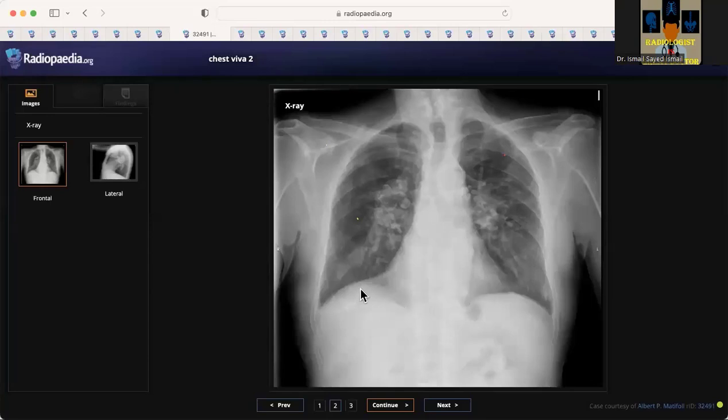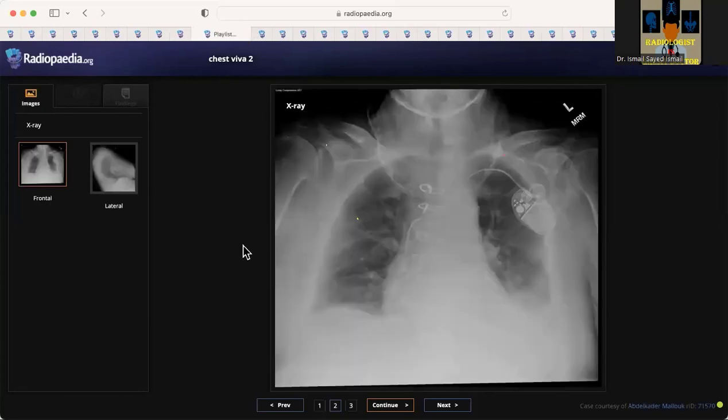So try and look for other ancillary findings that point you towards the diagnosis. These nodules point towards silicosis, along with an exposure history. Well done.